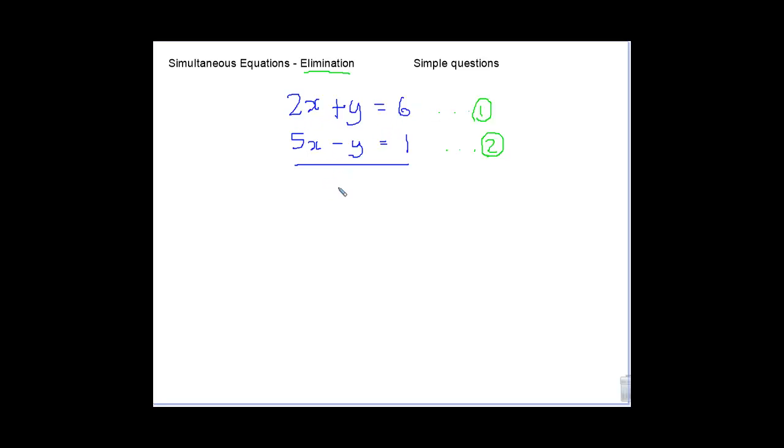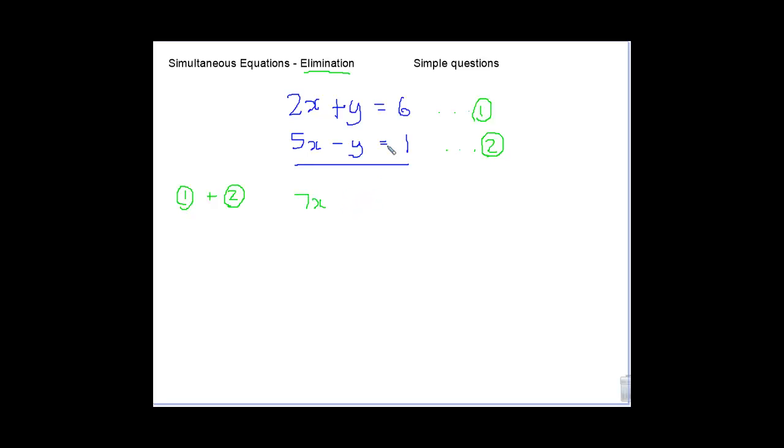But this one we don't have to manipulate too much. This is why it's one of the easier ones, because all we really need to do to eliminate y is look at the situation where there's positive y and minus y. If we take the first equation and add everything from the second equation to it, we add 2x plus 5x, that would give us 7x. But we get positive y and minus y, and when we add those two together, that becomes 0.